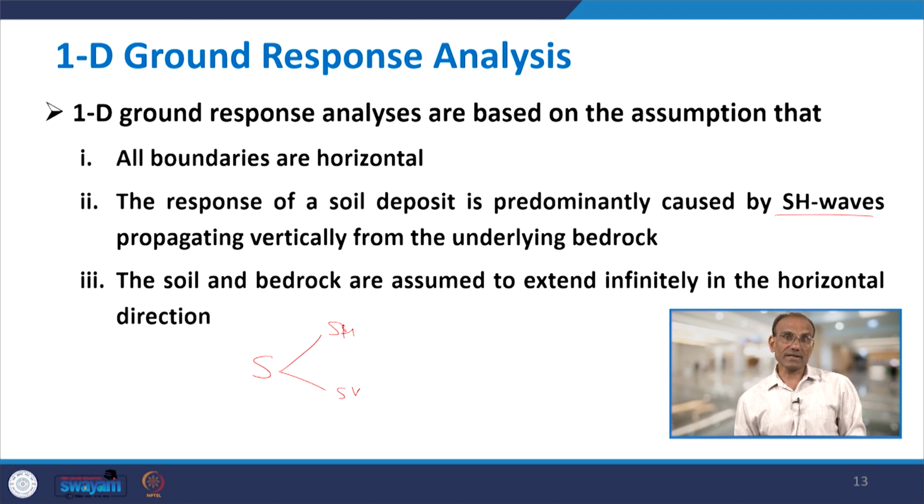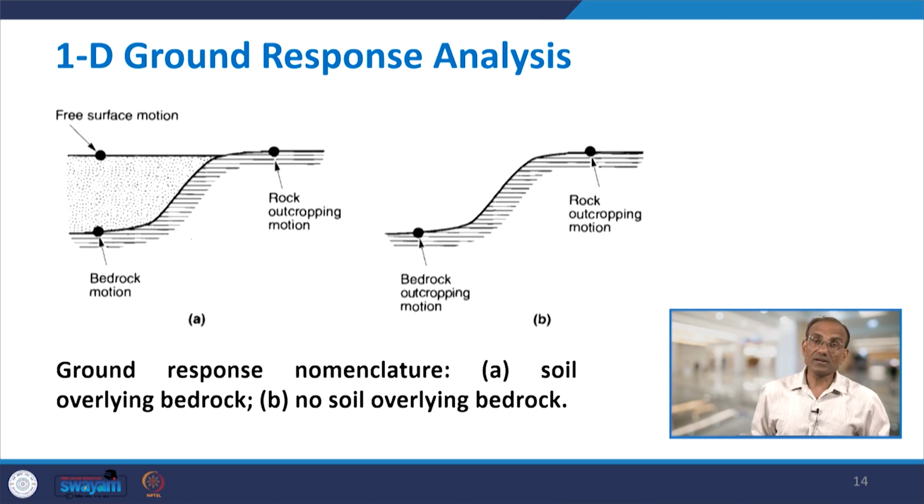The soil and bedrock are assumed to extend infinitely in the horizontal direction, that is the assumption for the 1D analysis. Now, for any ground response analysis including 1D, 2D or 3D, there are certain assumptions and certain nomenclature or terminology. So, for example, there are two figures here.